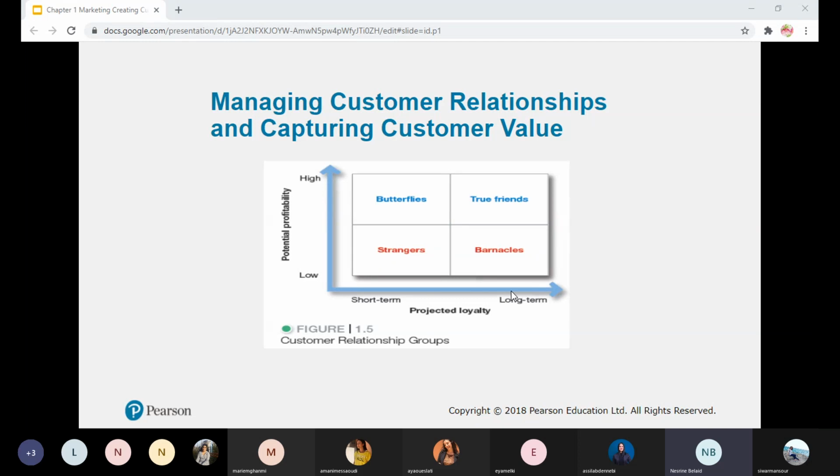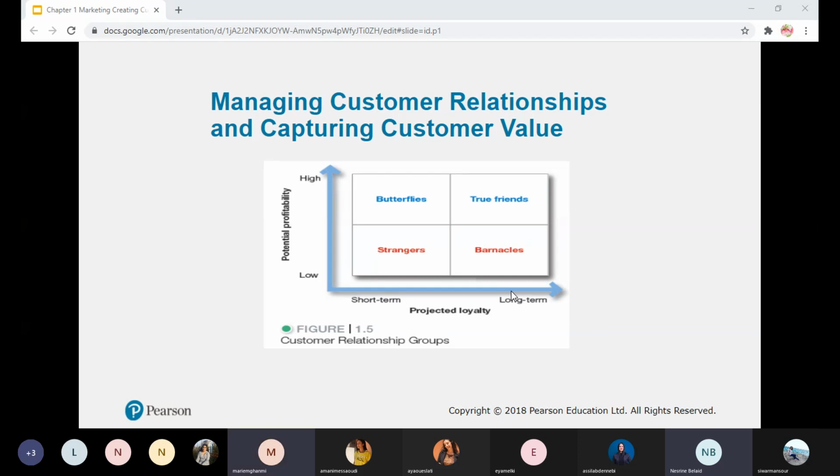Here we talked about building relationships with customers, but we have different types of customers, and this requires different engagement and relationship management strategies. We cannot apply the same relationship management strategies to all those clients because they are different. So the goal is to build the right relationships with the right customers.